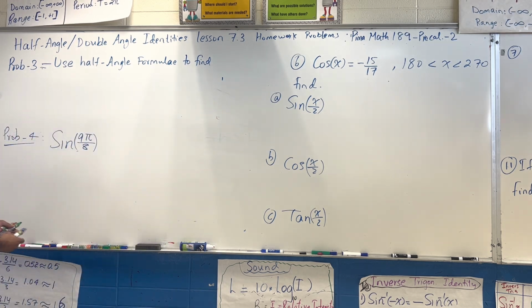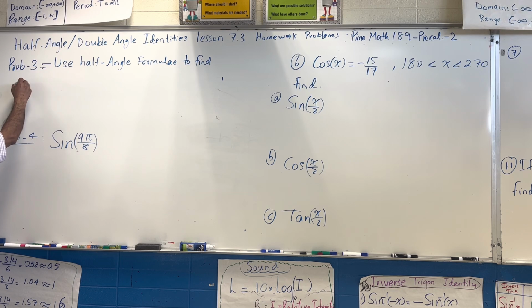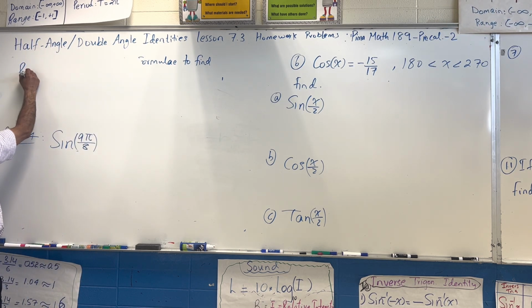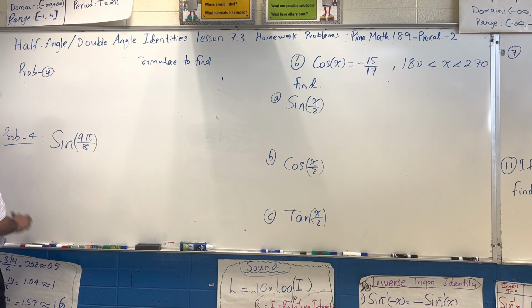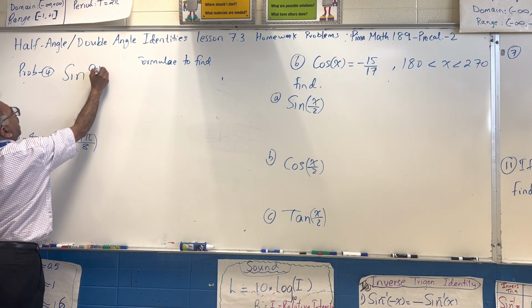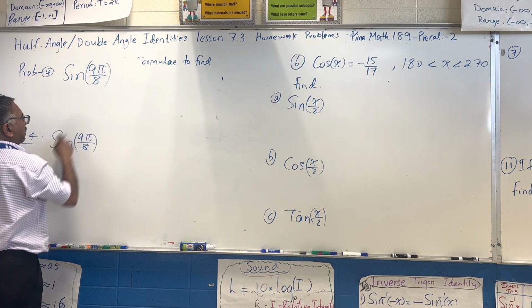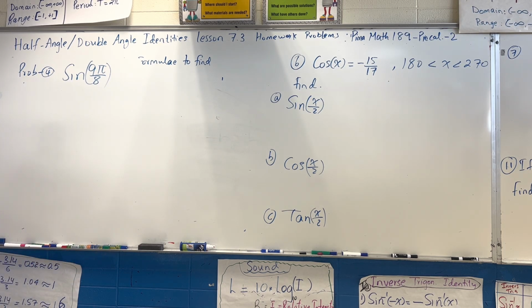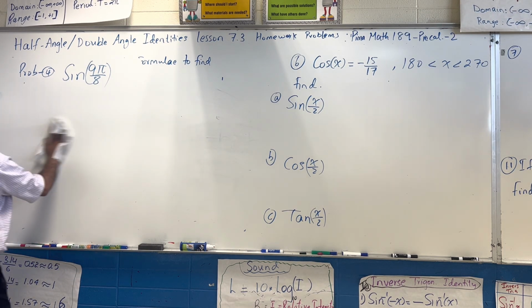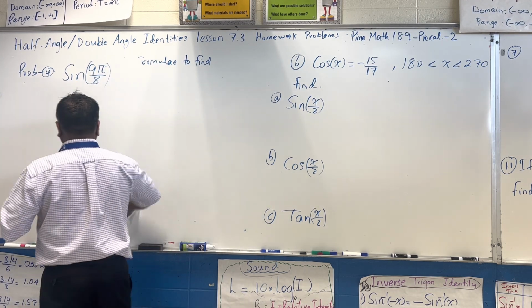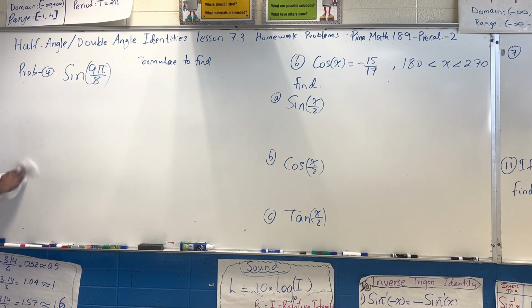Let's do the second question, problem number 4: sine of 9 pi by 8. So what is this? Let's use the half angle formula.